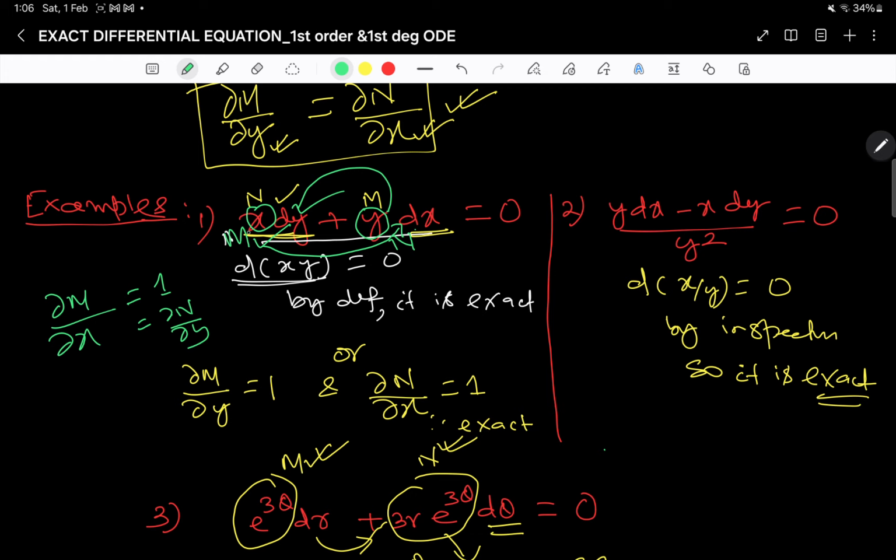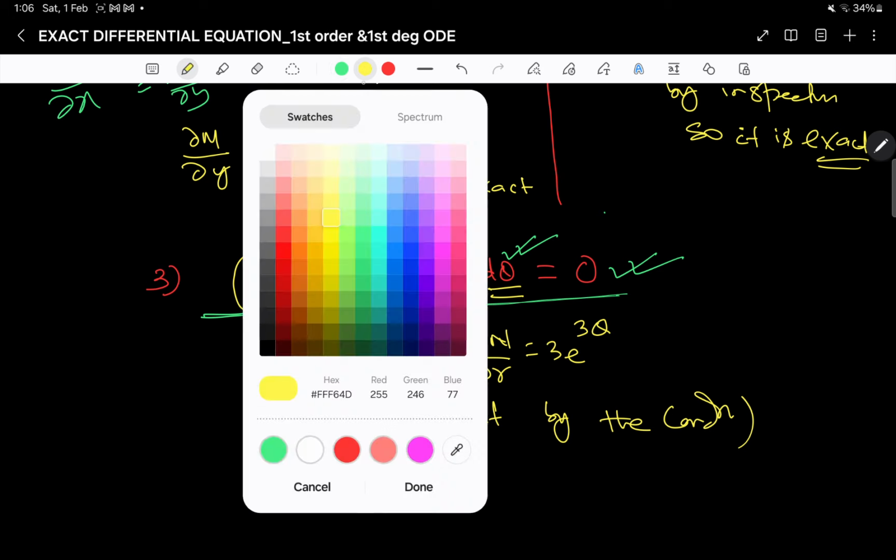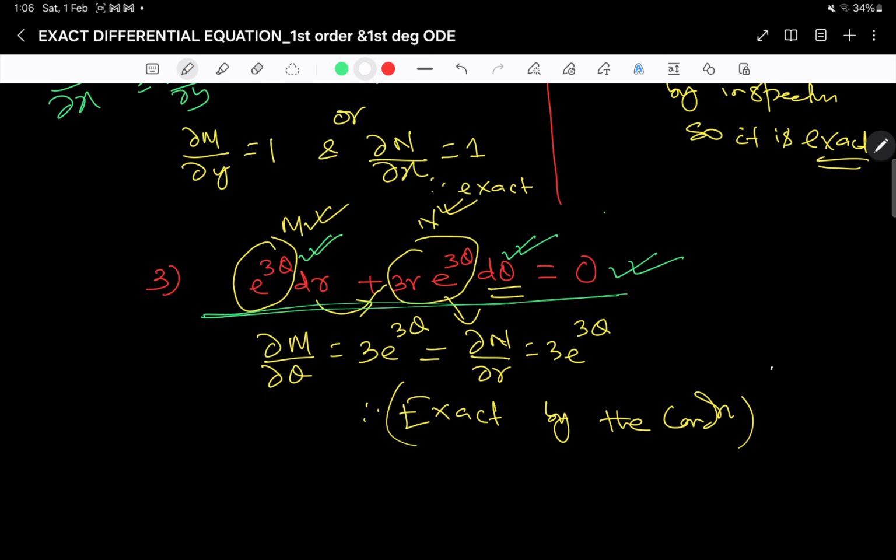That means M is taken with respect to this variable and N with respect to this variable. This is my intention to say. In that way we will be able to check the condition. This is a beautiful example: M with respect to this variable, and N with respect to the variable r.